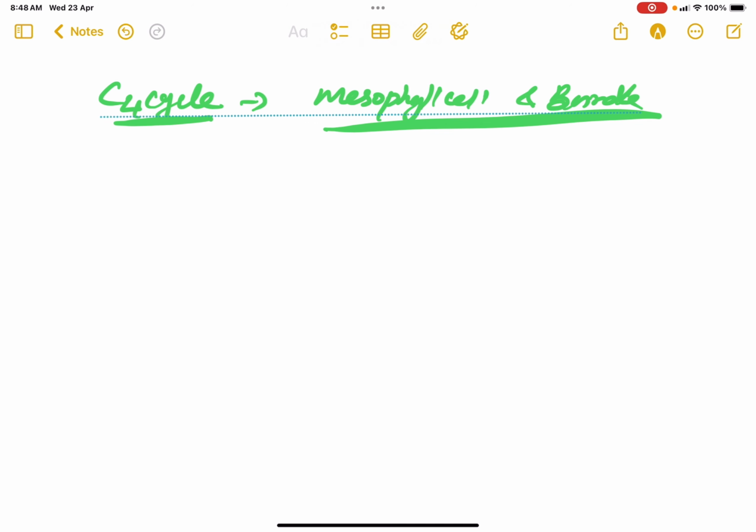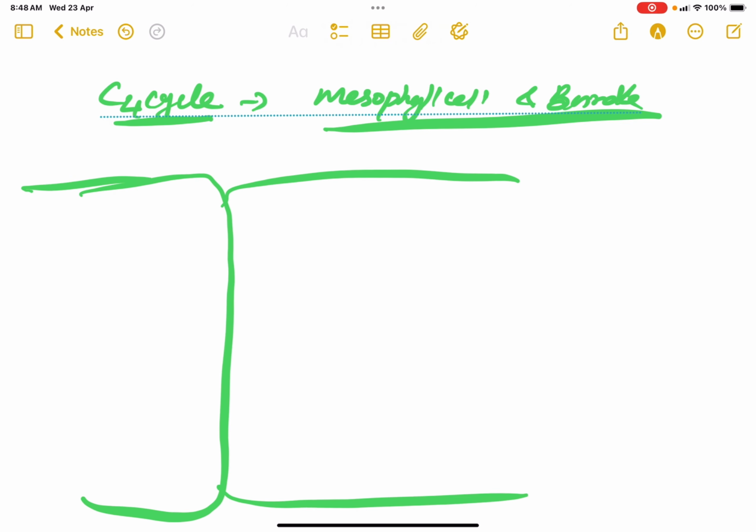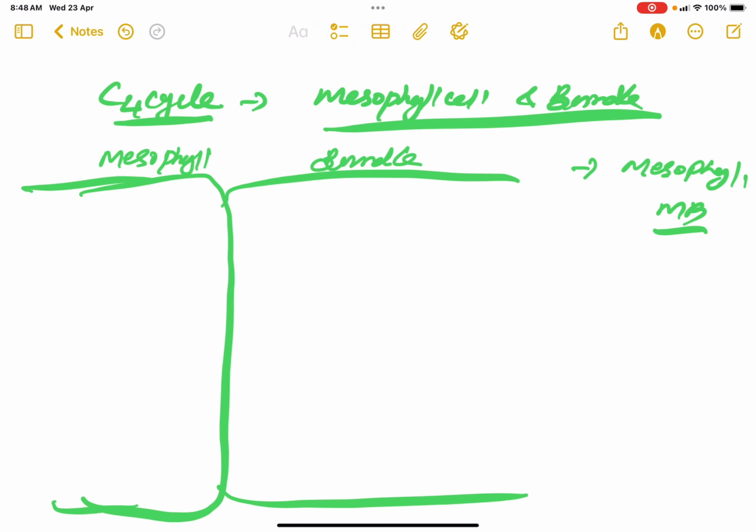For my Malayali students, there is a code to recall the C4 cycle: mesophyll cell is mandabuddhi, MB for mandabuddhi. M for mesophyll cells, B for bundle sheath cells. Clear?